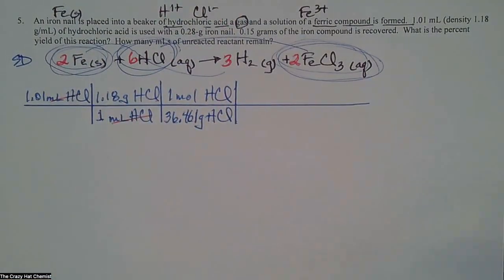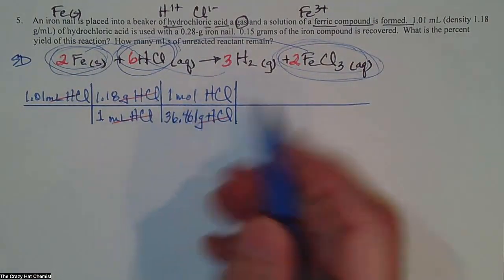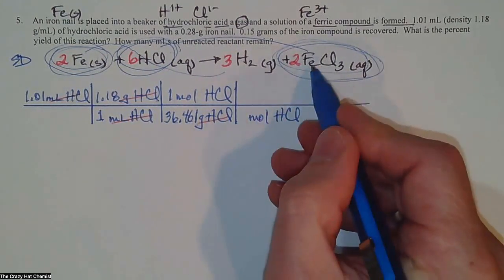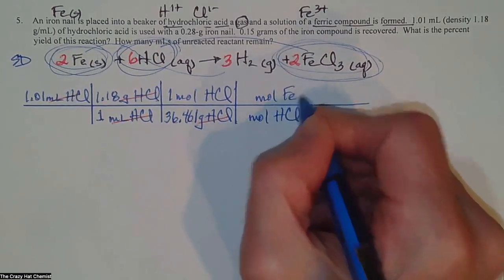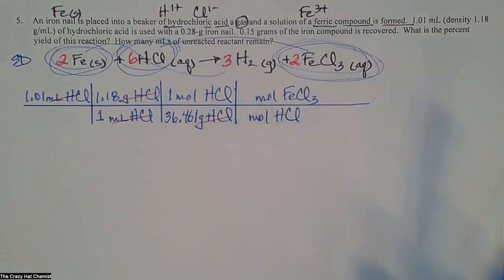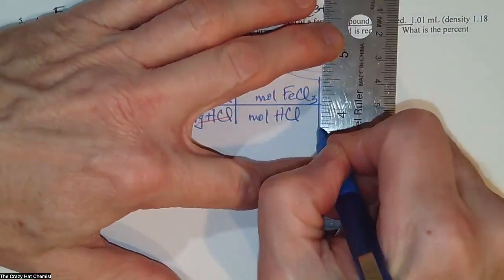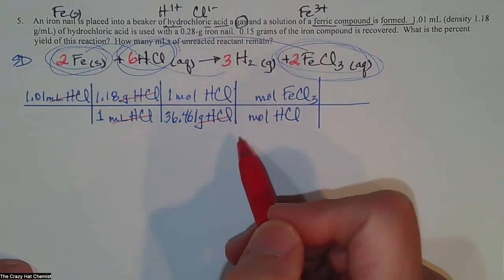My next step here, after canceling out my grams of HCl, is to go from moles of HCl to moles of the ferric chloride compound, moles of FeCl3. Okay. Now, what I need to do is use the mole ratio.